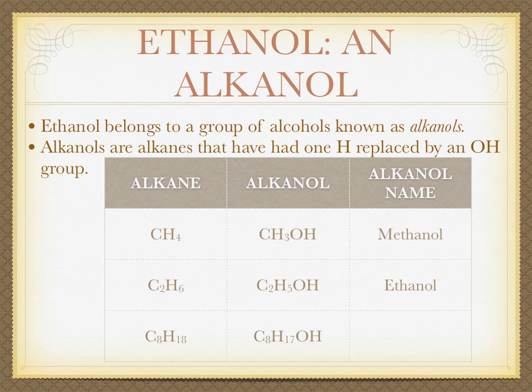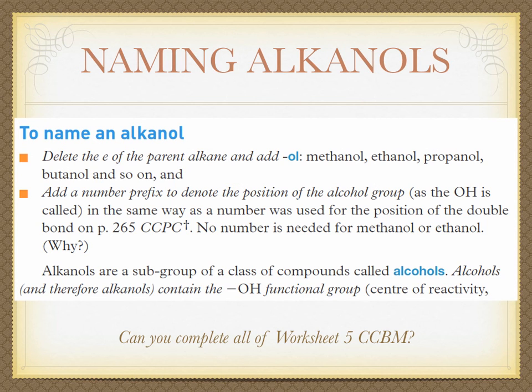There's the molecular formula for the related alkanol, so you name it octanol. Very straightforward. You're simply replacing the suffix ane with an ol. To name an alkanol, this comes from your textbook, you simply delete the E of the alkane and add ol. Methane, methanol, ethane, ethanol, propane, propanol, and so forth.